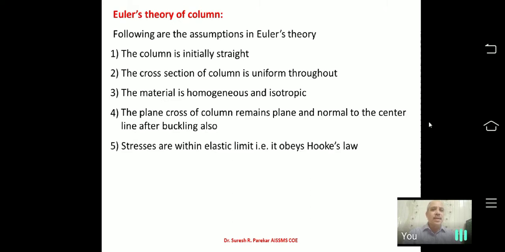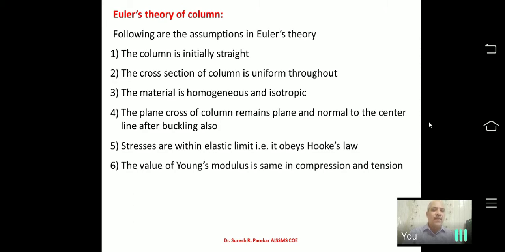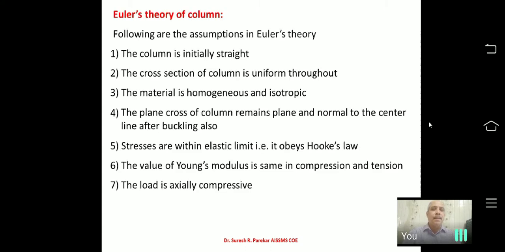The value of Young's modulus is the same in compression and tension. These 3-4 assumptions are the same everywhere. Then the load is compressive. These are the assumptions which we have to use while analyzing the columns.